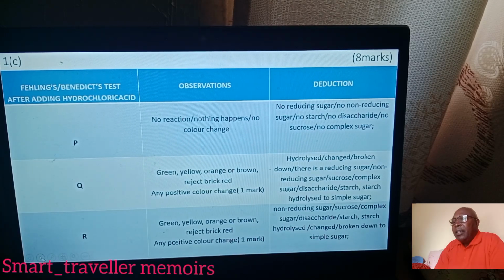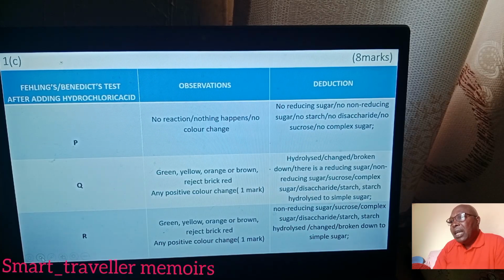Observation for P: no reaction, or you say nothing happens or no color change. Deduction: no reducing sugar, or no non-reducing sugar, or no starch, or no disaccharide, or no sucrose, or no complex sugar. Any of those, you get a mark.